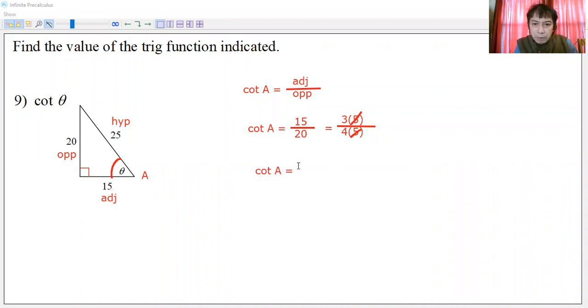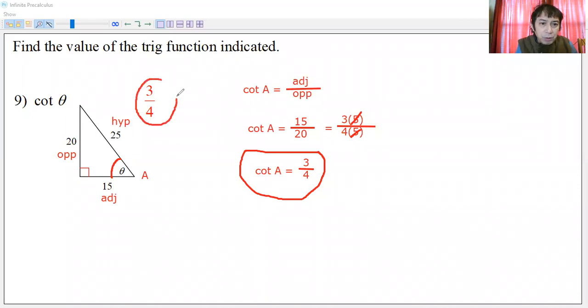That should be our answer. We will check and verify. What's the answer near the drawing? We have the answer 3/4. And this goes to our number 9.